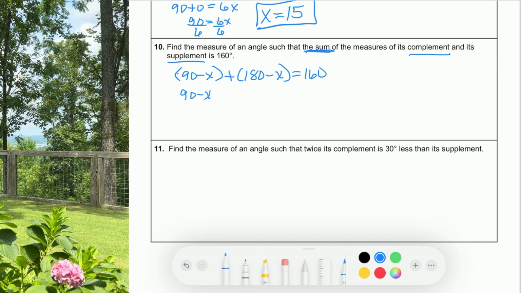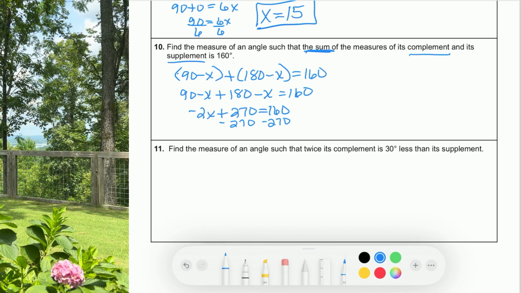Bring both of those out of the parentheses. So we don't have any negatives that we need to multiply against it, so nothing would change. All right, let's combine our x's. Negative x minus x is going to be negative 2x. 90 plus 180 is going to give us plus 270 equals 160.